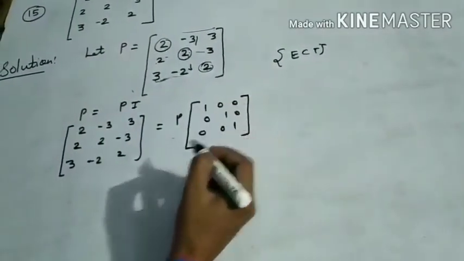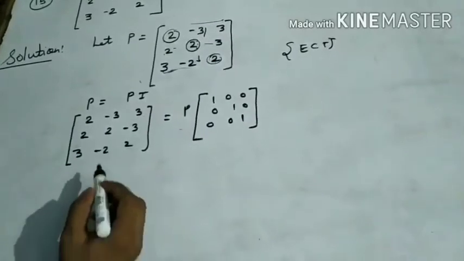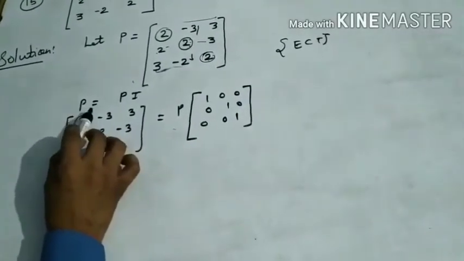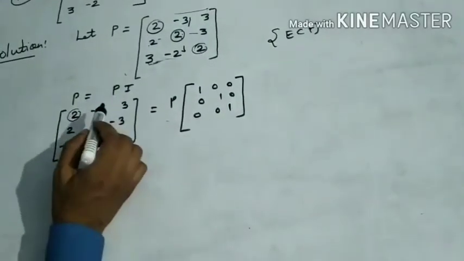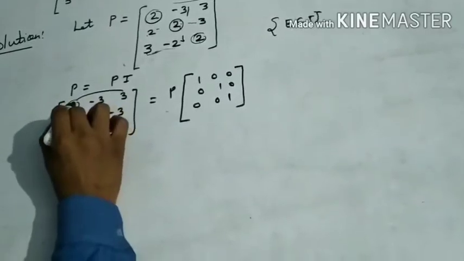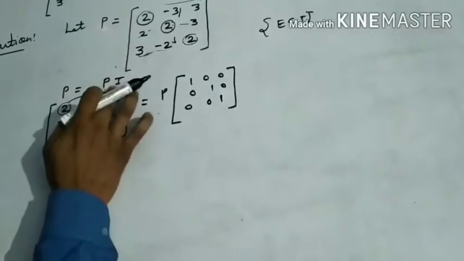Here you have to see we want to introduce here 1. So first step, what we are going to do, we are simply interchanging this first and third column.